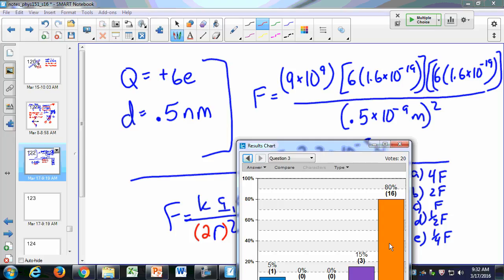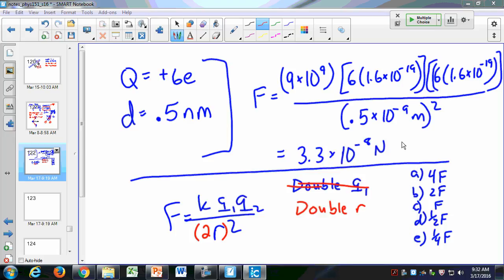Okay, good. E is right. If I double R, since it's squared, it's an inverse square relationship. Since it's squared, I get a quarter of F.